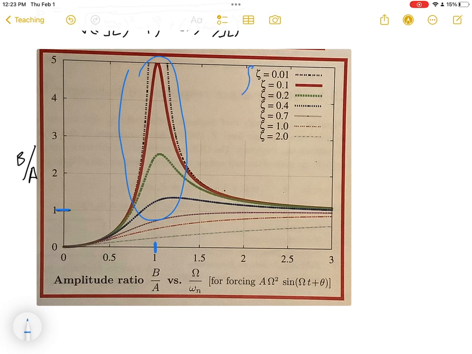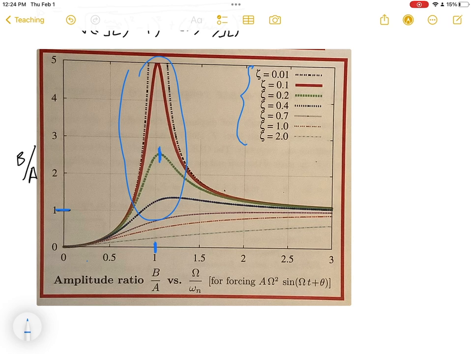So for some system with very low damping, zeta equals 0.01, you get this dashed line with a massive peak right at the natural frequency. And the peak gets lower and lower, and it also shifts a little bit. You can see that right here for zeta equals 0.2, there is a peak, but it's not at exactly the natural frequency.